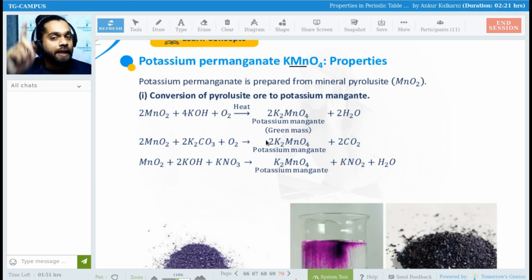Kind of same. Over here, we want to prepare KMnO₄. KMnO₄ is called permanganate. So what I'll do, I'll take an ore. The name of the ore, I always struggle to pronounce. Pyrolusite. Whatever it is, write down the name correctly.